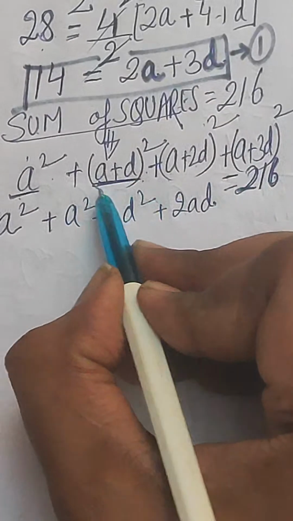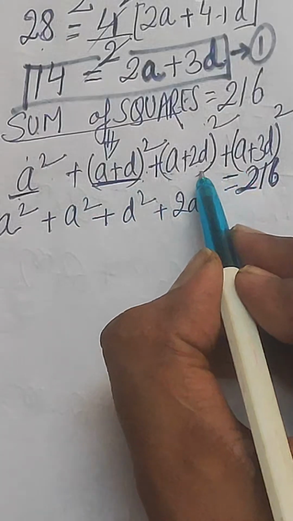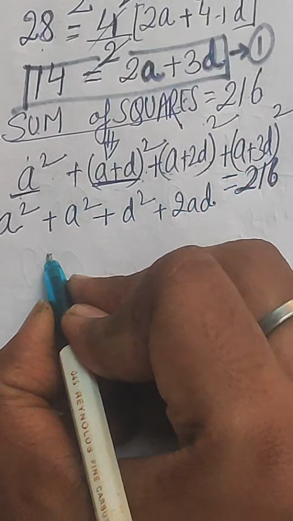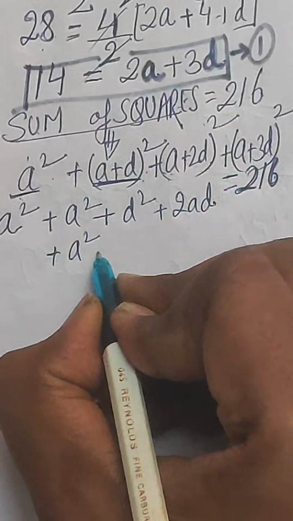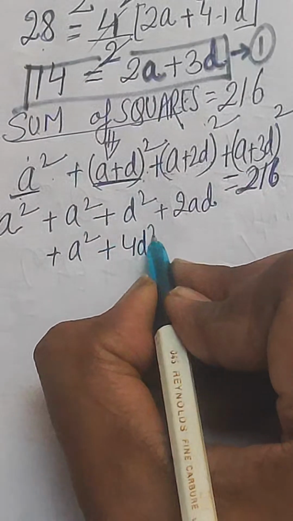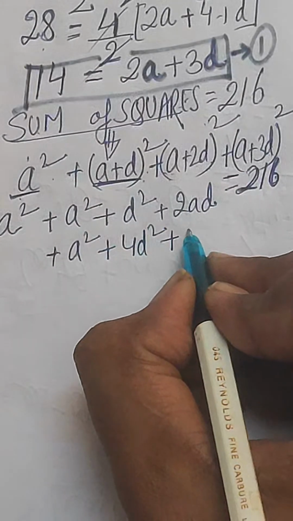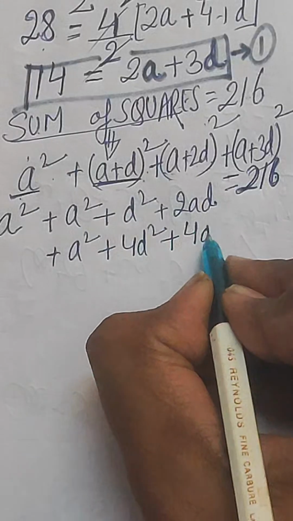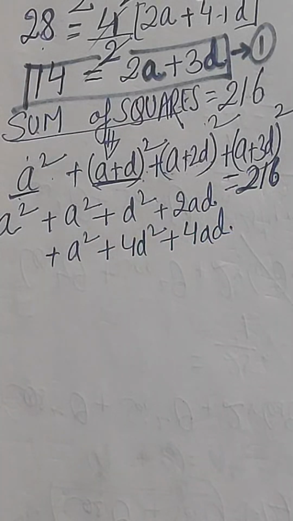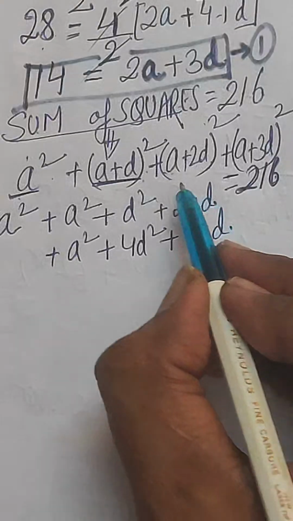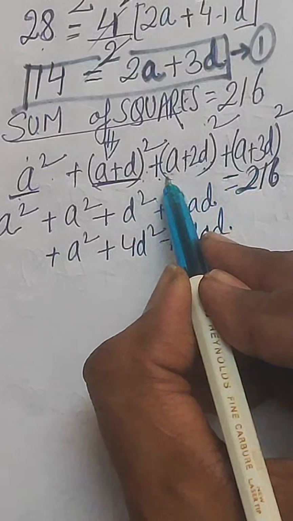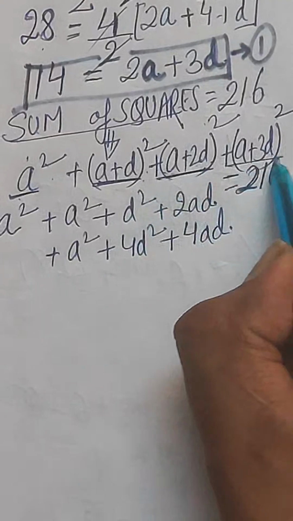Now expand a plus 2d whole square. This will be a square plus 4d square plus 4ad, right? Now expand the last term a plus 3d whole square.